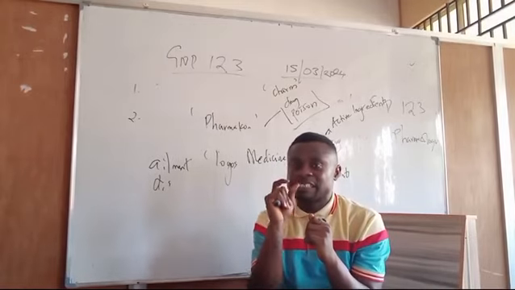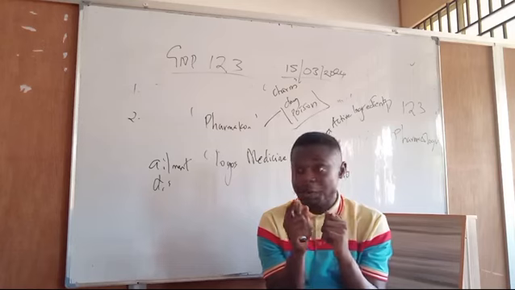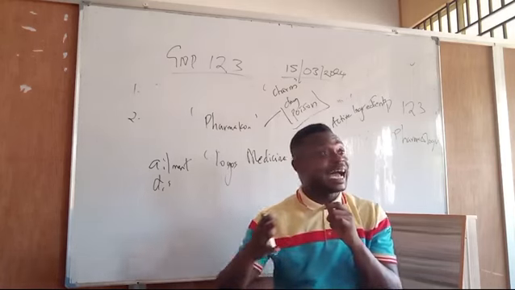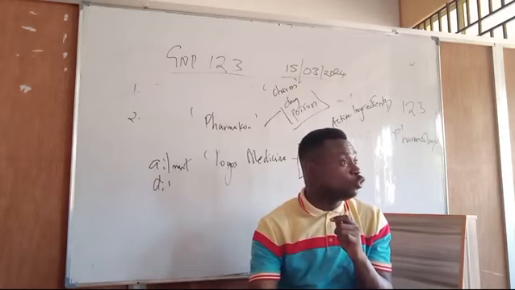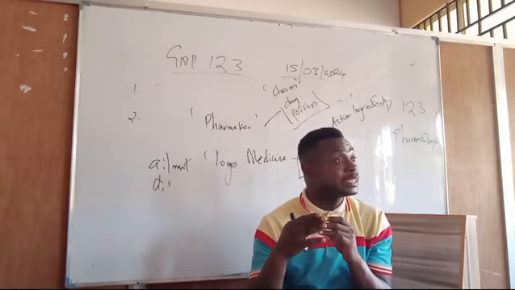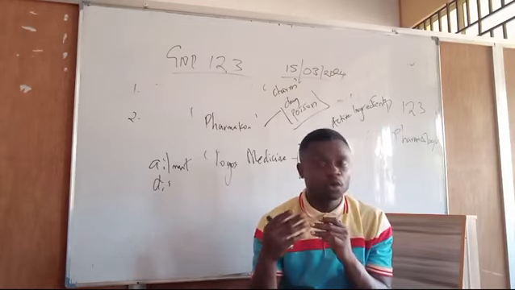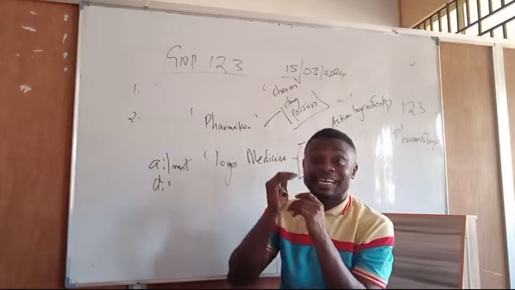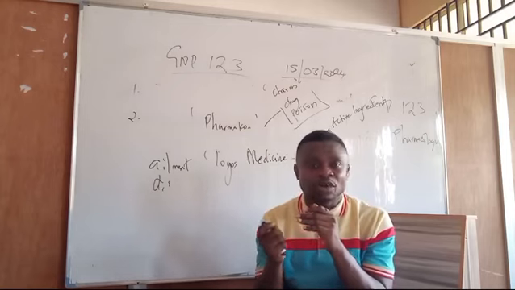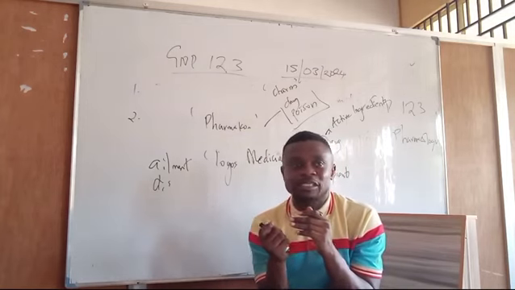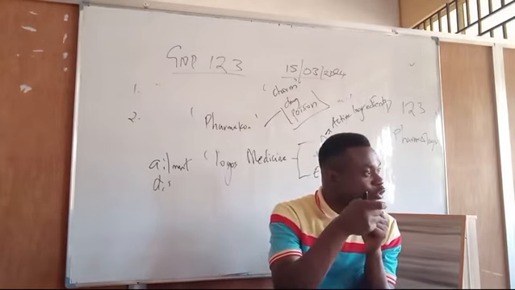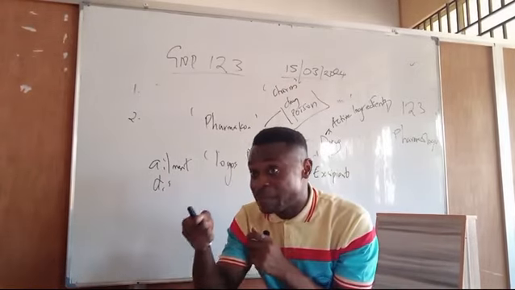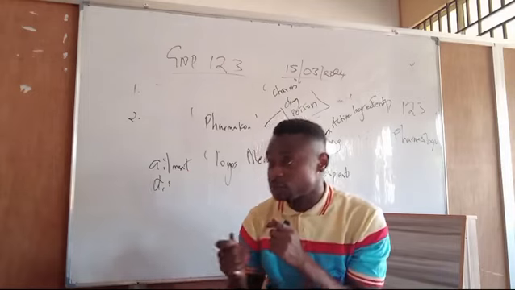Remember in your chemistry, if you want to standardize a particular chemical, what do you want to do? You want to determine the amount, right? That's what we mean by standardizing. Once you standardize the drug, you know the exact amount that you should take to prepare medicine for the patient.